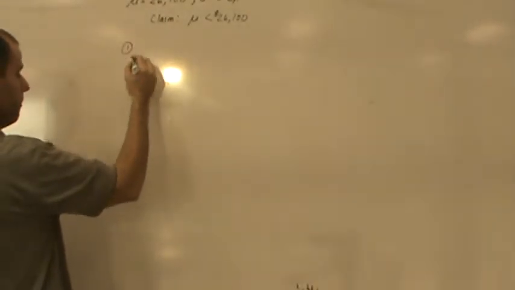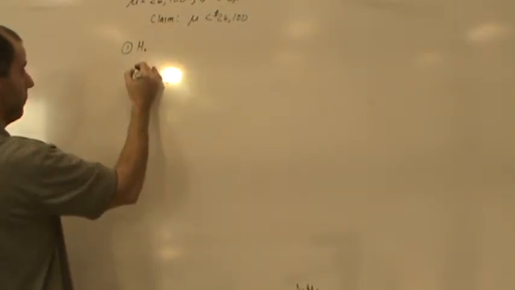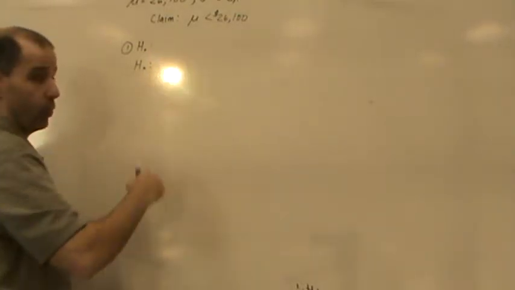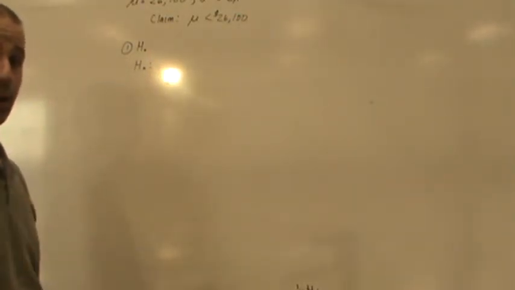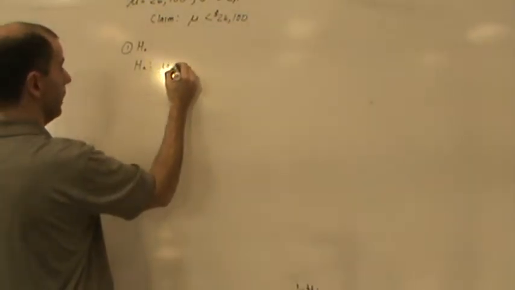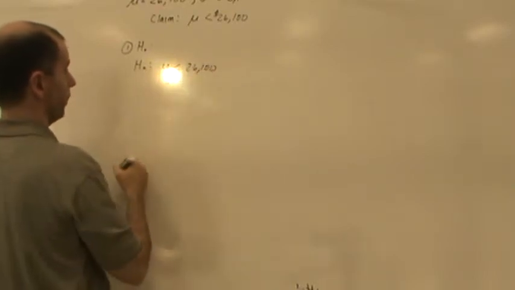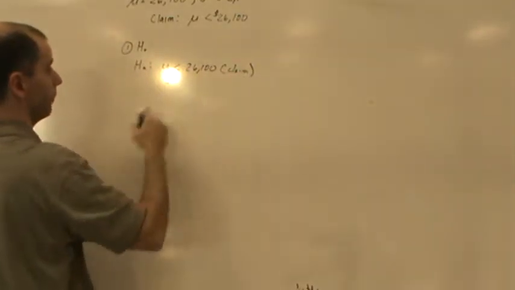So step one, our hypotheses, right? The alternative is going to be this because it's the one with less than. It does not have equals. Remember, the equal sign is always the null. So in this case, it's going to be mu is less than 26,100 for the alternative, and that is our claim, right?